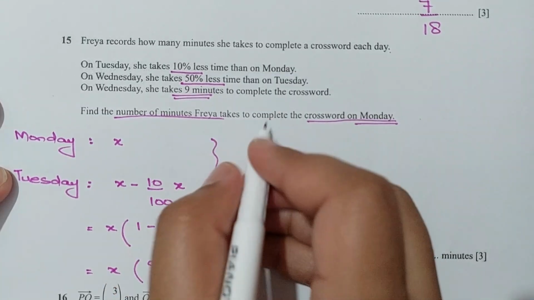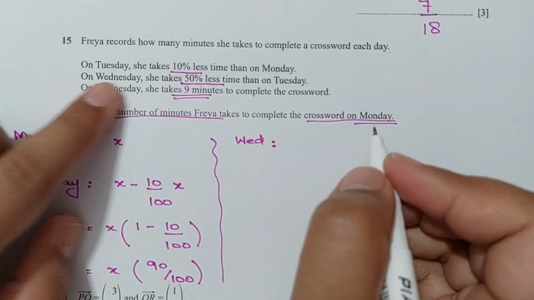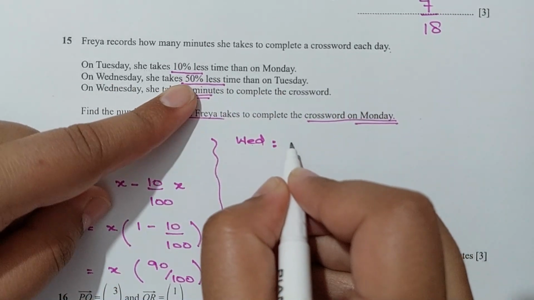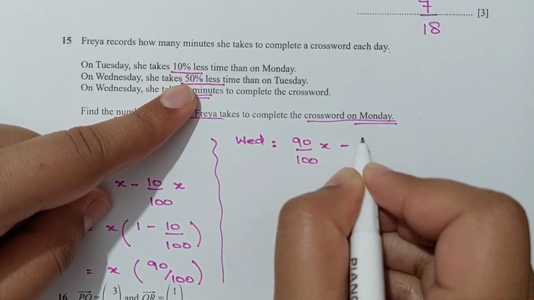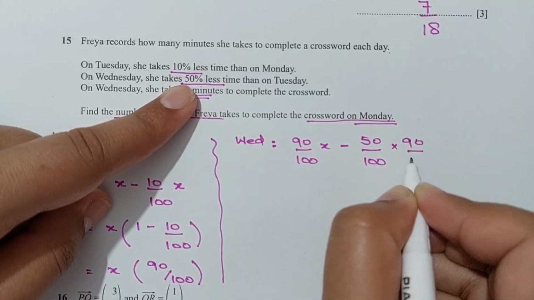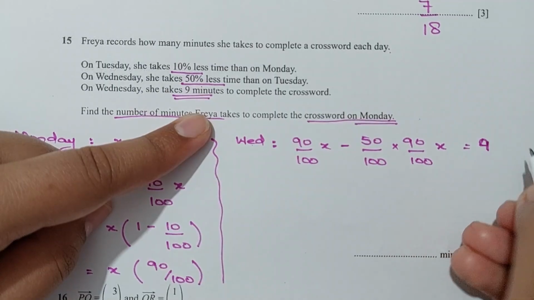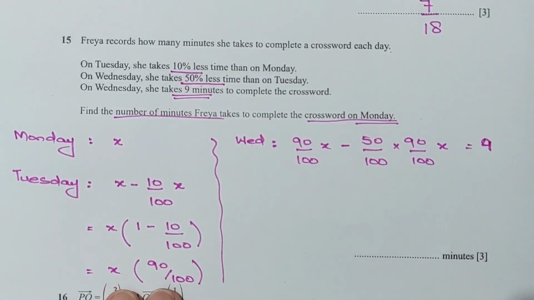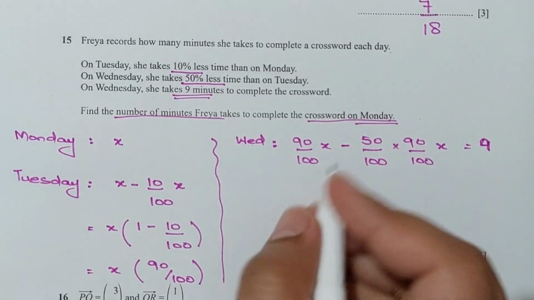Now the next one is Wednesday. On Wednesday, she takes 50% less time than on Tuesday. The Tuesday time is 90 over 100 x. So subtract 50% of 90 over 100 x. This equals 9 minutes. So from the Tuesday time, we have to subtract 50% of the Tuesday time.